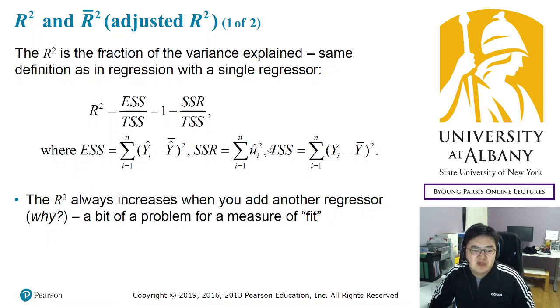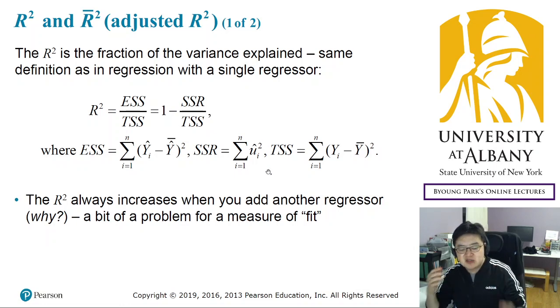Anyhow, TSS means total sum of squares. Total sum of squares is the total variation in the actual outcome. Total variation. And sum of squared residuals. Sum of squared residuals is the total variation in the residual, which means the total amount of unexplained part.